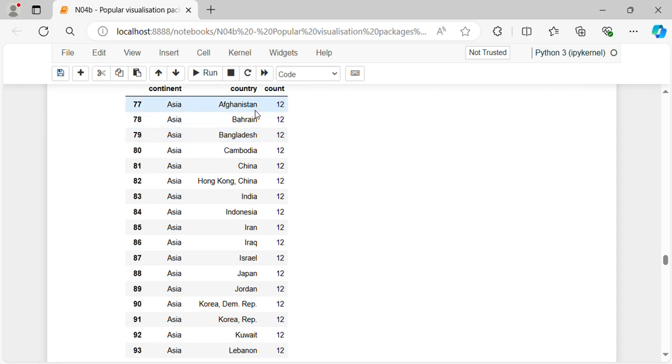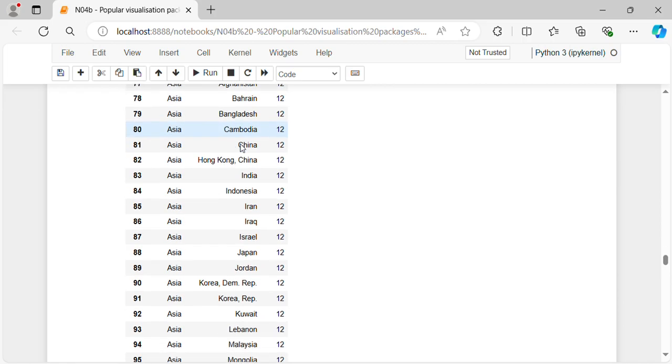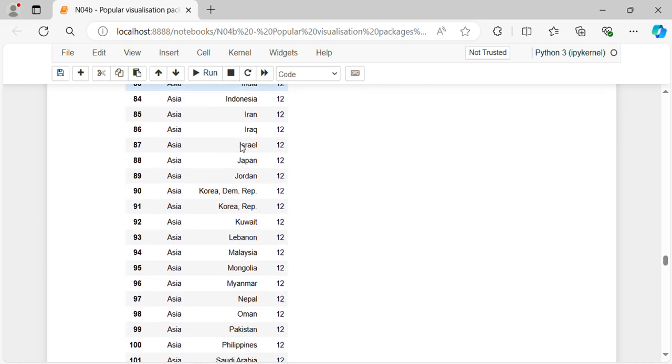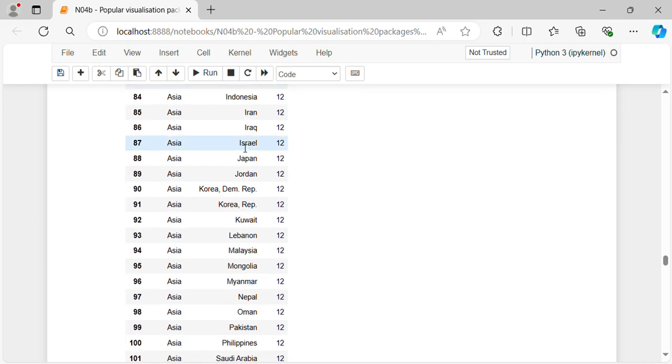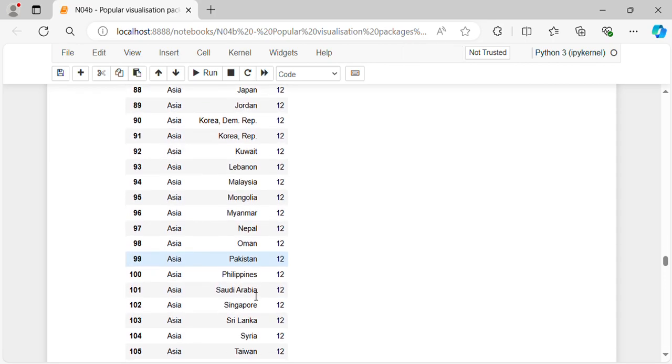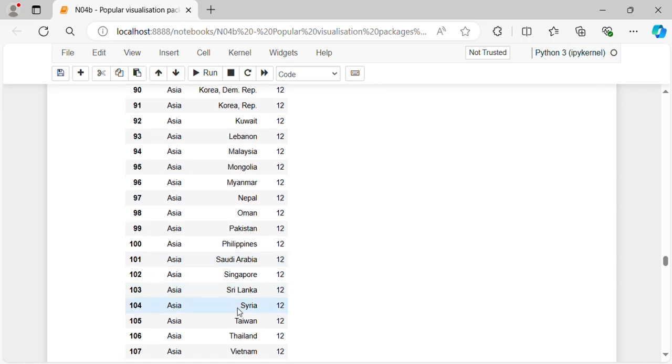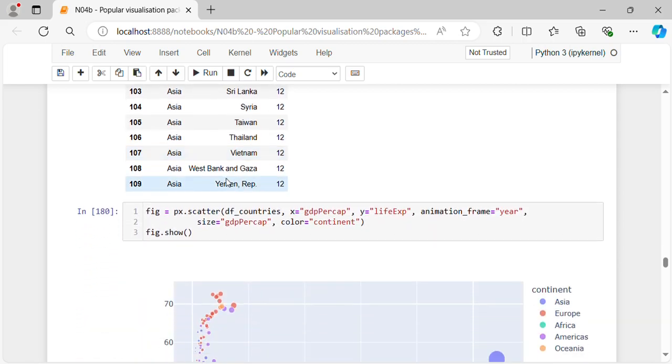So the countries are Afghanistan, Bahrain, Bangladesh, Cambodia, China, Hong Kong, India, Indonesia, Iran, Iraq, Israel, Japan, Jordan, Korea, Korea Republic, Kuwait, Lebanon, Malaysia, Mongolia, Myanmar, Nepal, Oman, Pakistan, Philippines, Saudi Arabia, Singapore, Sri Lanka, Syria, Taiwan, Thailand, Vietnam, West Bank and Gaza, Yemen.